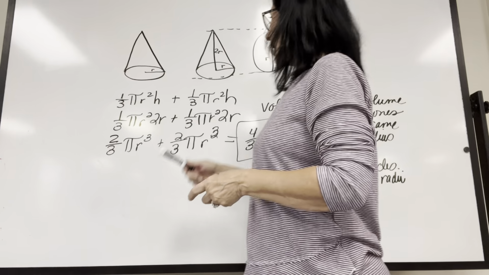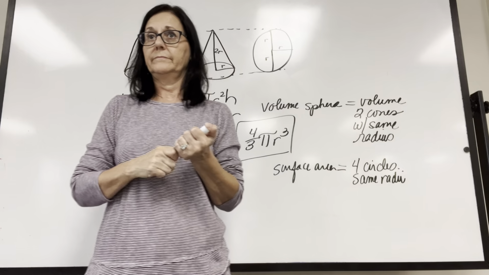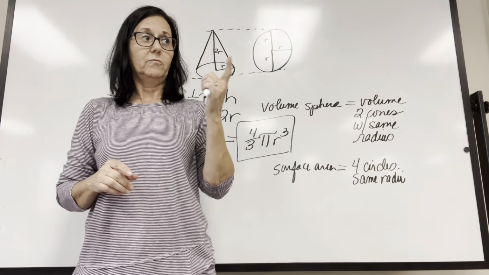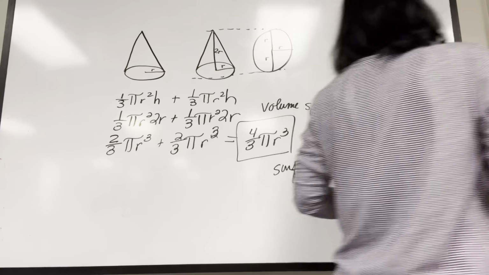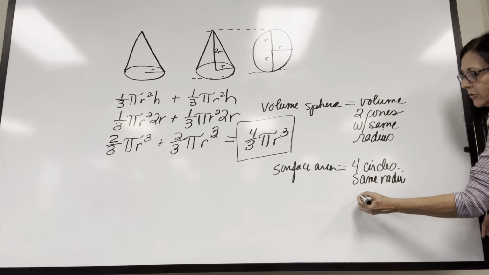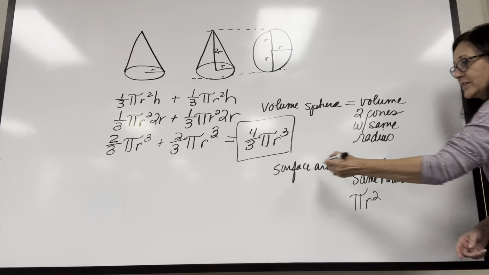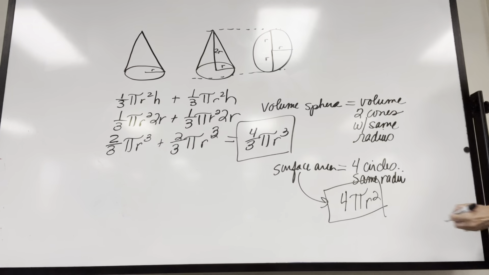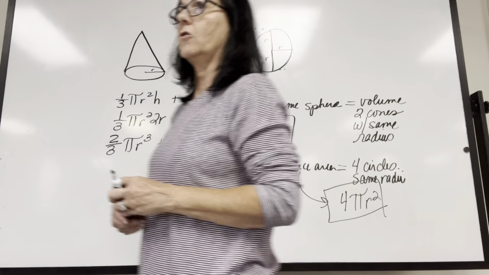So, if my radius is r, then what would be the area of the circle? If my radius is r, the area of the circle would be pi r squared. 4 pi r squared. So the surface area of a sphere is 4 pi r squared. It's 4 circles.